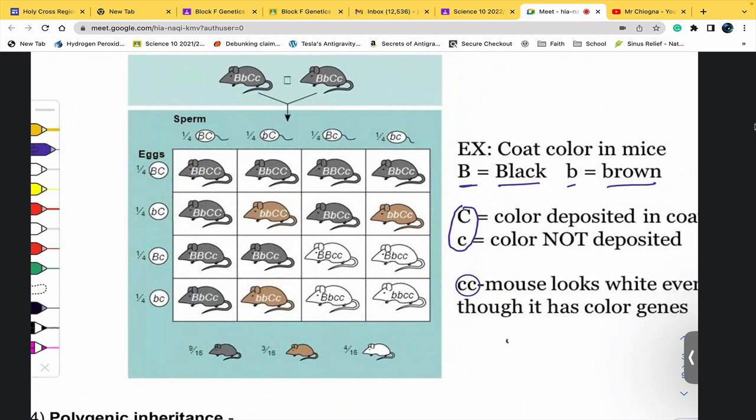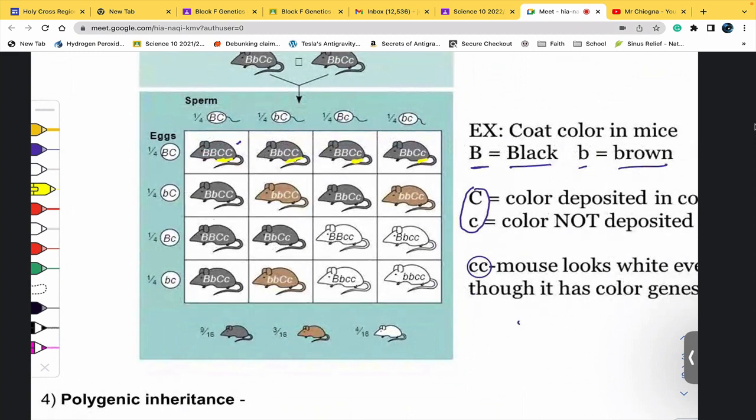You'll get any of these that I'm going to code in yellow. You're going to get the expression of either black or brown. So there's a big C there, big C there, big C, little c, big C, little c. Okay, in this case, you're going to get all black, but the fact that there's at least one uppercase C means that you'll either get black, as in this case, or brown.